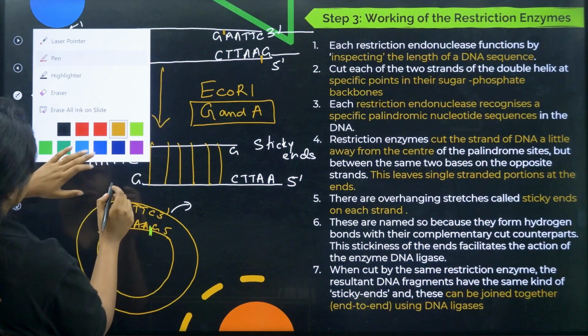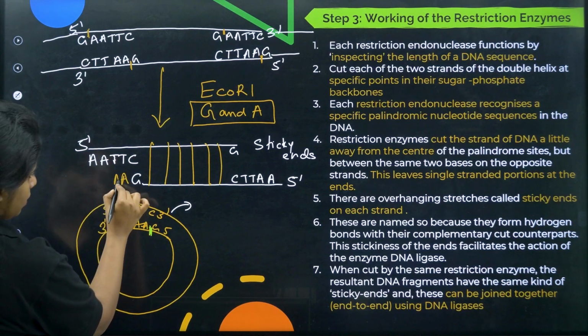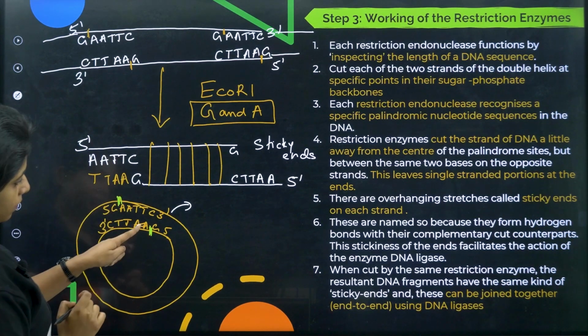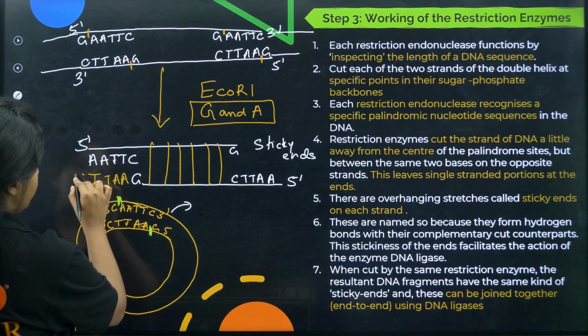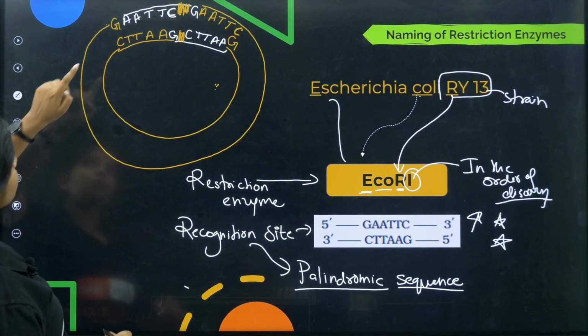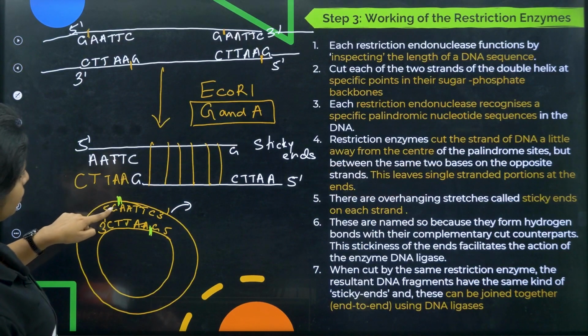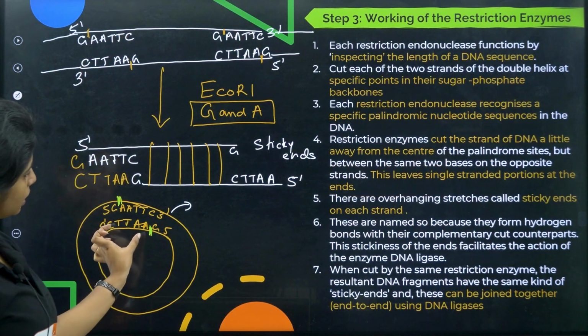Suppose I have A, T, T, A, T, T, and then there is one C also. Let me put that C over here. I'll get G because G was already there over here, so it's okay. Fine. So this end is clear.